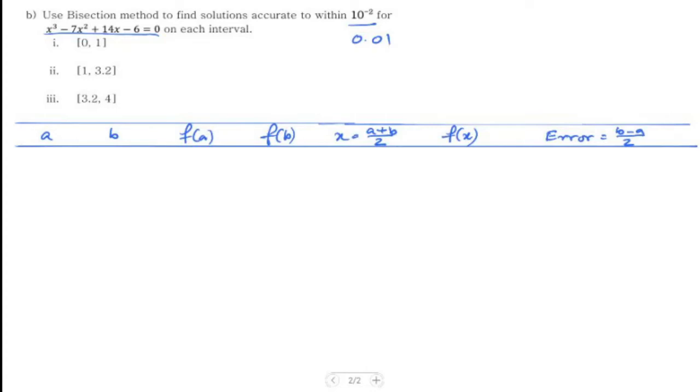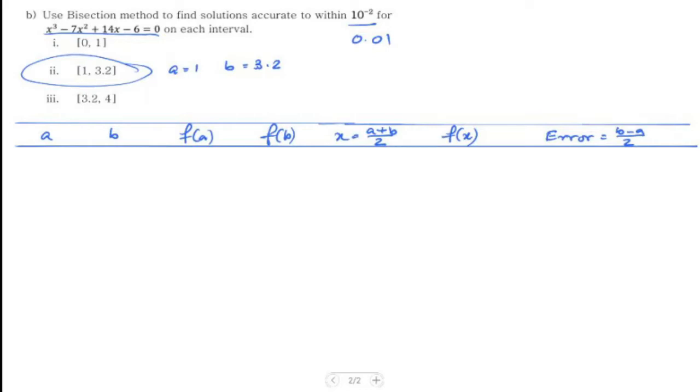Now I won't solve it using all three intervals, I'll just use the second interval here. So I'll choose a to be equal to 1 and b to be equal to 3.2. That would be my interval, and between this interval I'll find where this function crosses the x-axis. Where is the root of this function in this interval?